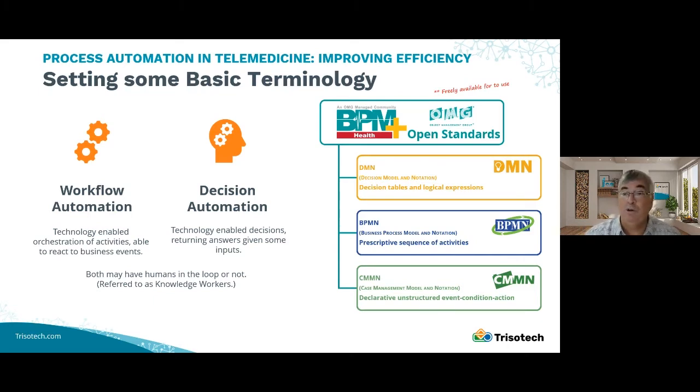To do so, we rely on three standards: DMN, the Decision Model and Notation, which provides us decision tables and logical expressions; BPMN, the Business Process Model and Notation, which is a way to provide a prescriptive sequence of activities; and CMMN, the Case Management Model and Notation, which is a declarative, unstructured way of capturing event condition actions context.